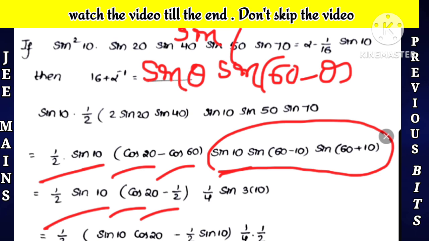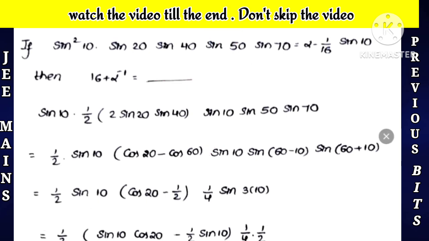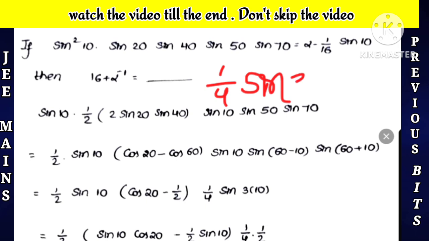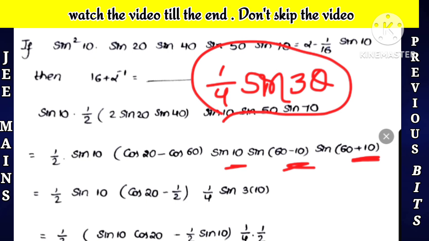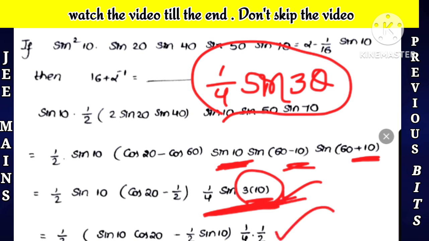So what is the answer? That is equal to 1/4 sin3θ. Here we have θ equal to 10°, so this is 1/4 sin(3 · 10°), which is sin30°, and the value of sin30° is 1/2.